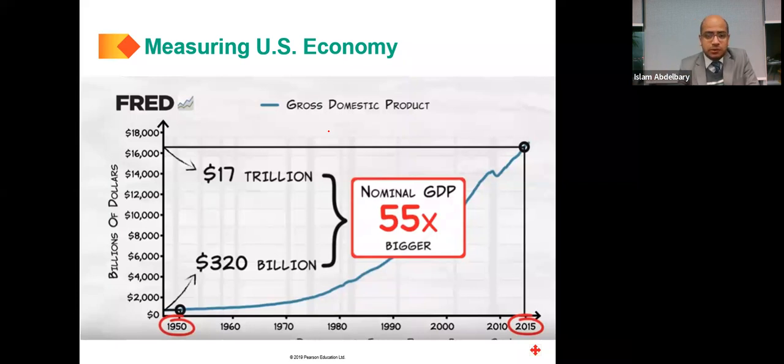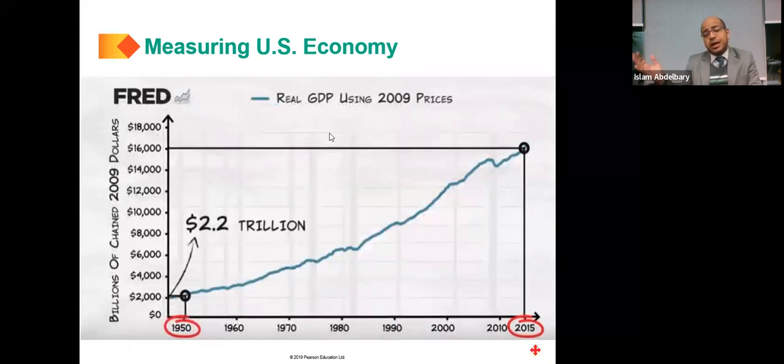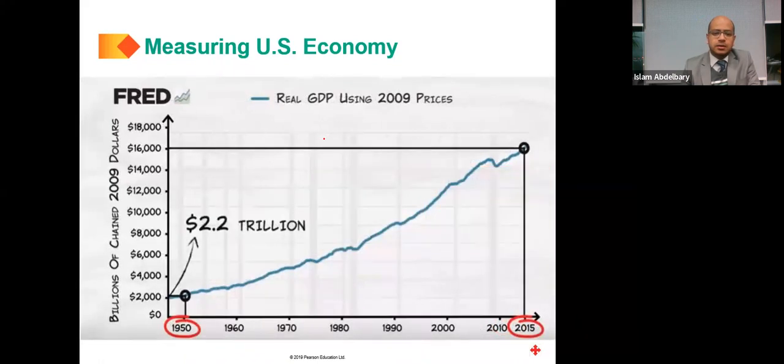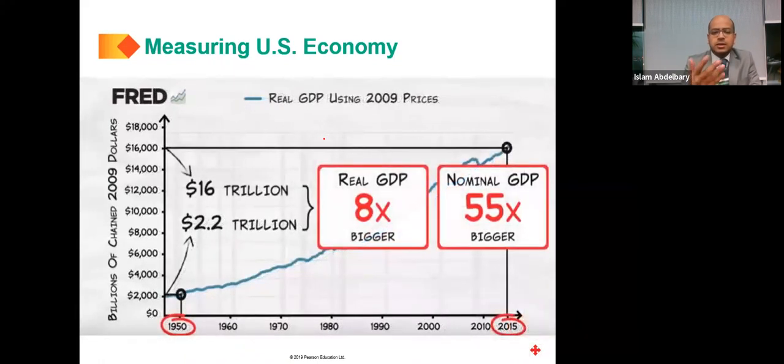So if we do that, in 1950, the real GDP for the US is $2.2 trillion, and currently it is 16 trillion, which means the size of the economy increased by 8 times.